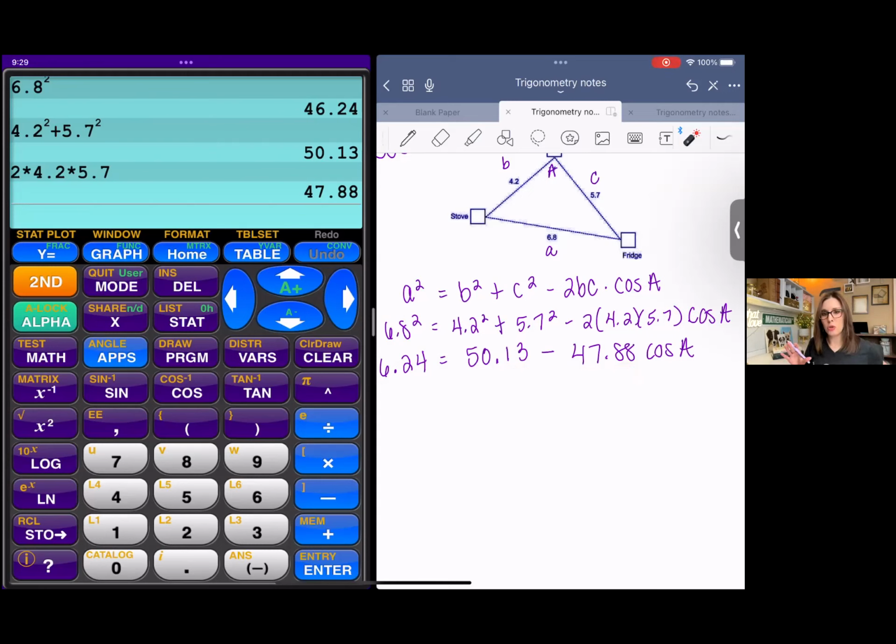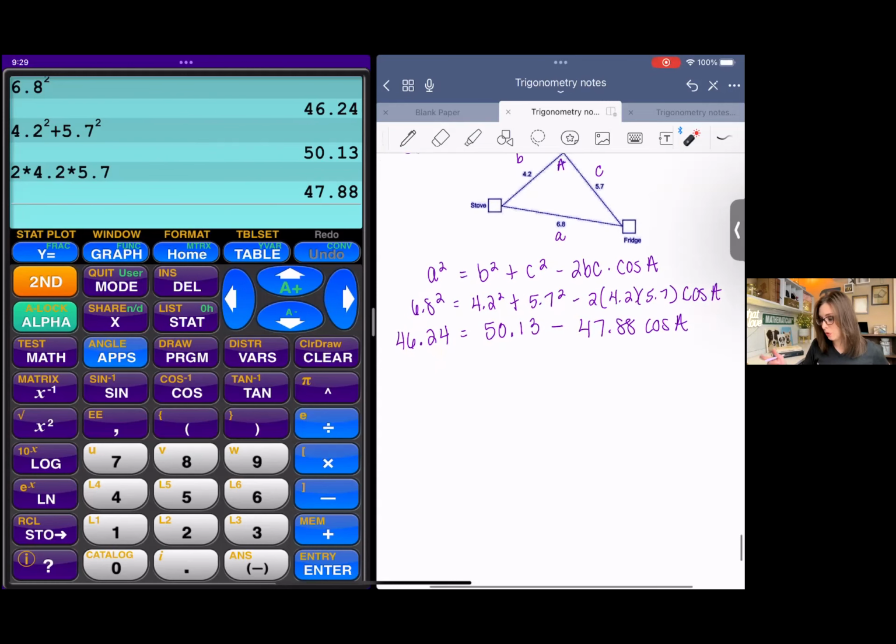What I'm going to have to do is do some solving. So this is kind of like, if you can envision some simpler algebra, a number equals a number minus 47.88x. And we're solving for x. So in order to do that, I'm going to have to subtract this over first and then divide as my last step. So let's go ahead and do that.